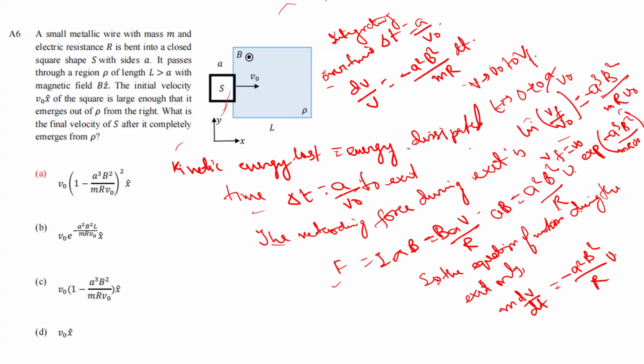Or we can write that vf equal to v0 times (1 minus A cubed B squared over m R v0) whole squared. This square factor arises if the deceleration occurs both while entering and while exiting the field region.